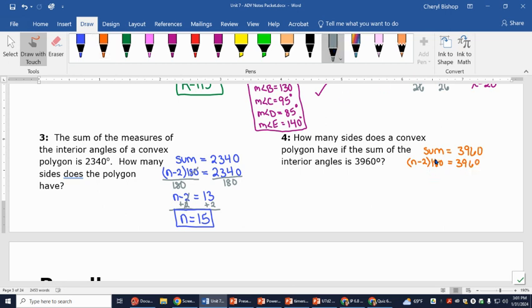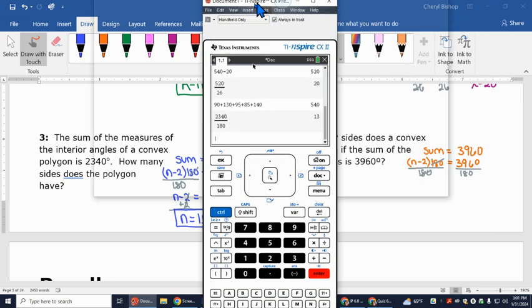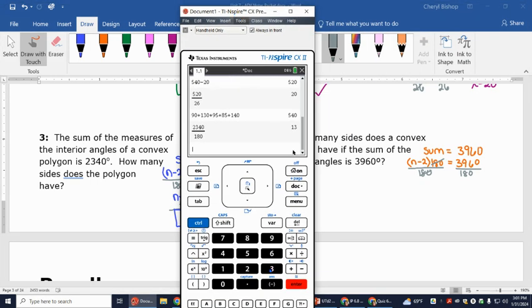First thing I'm going to do is I have n minus 2 times 180. So I'm going to undo the times 180 by dividing it out. When I do that, let me grab my calculator. 3960 divided by 180 gives me 22.